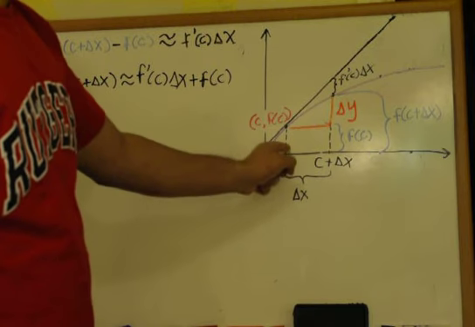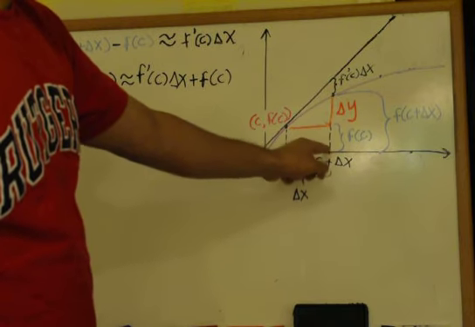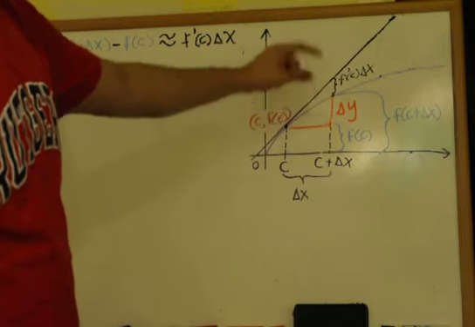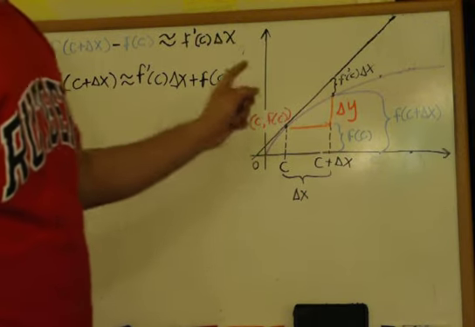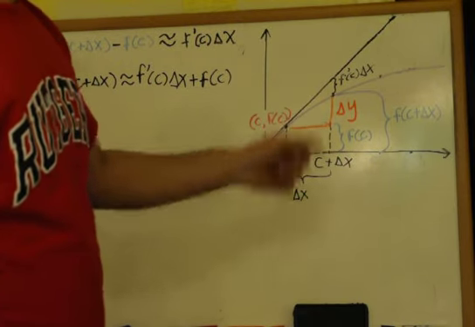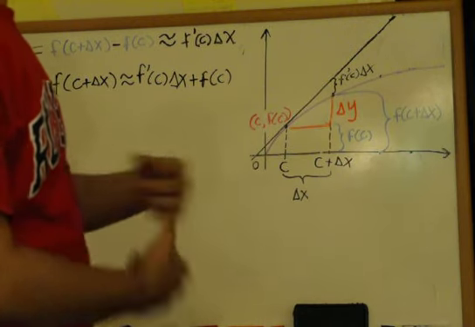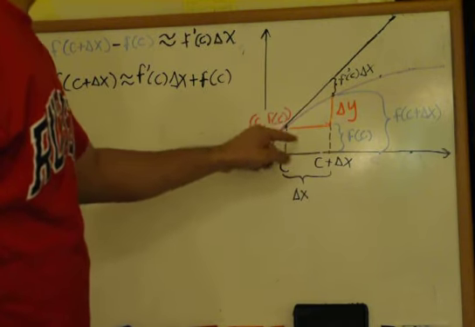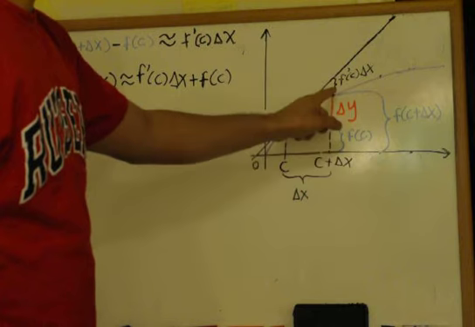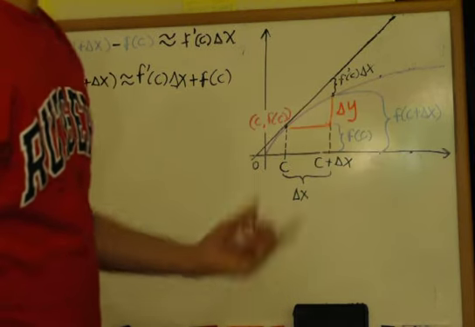So now that's c plus delta x, which is this point. I didn't get to write it here because I didn't have space, but it's c plus delta x, f of c plus delta x. So of course this height here is f of c, as I marked here, and this height here is f of c plus delta x.